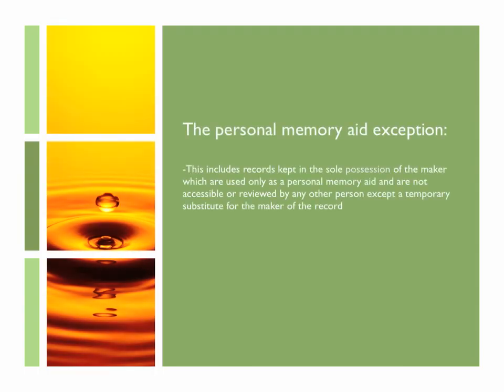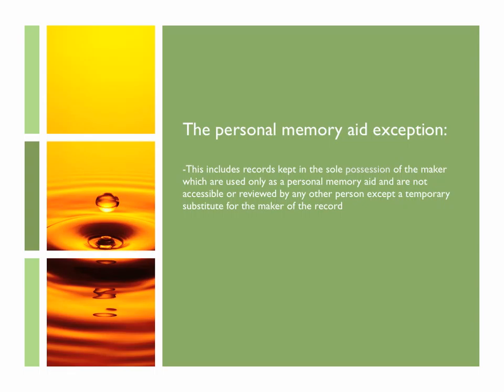There is an exception called the personal memory aid exception. This includes records kept in the sole possession of the maker, which are used only as a personal memory aid and are not accessible or reviewed by any other person except a temporary substitute for the maker of the record. Now, there is a way around this.